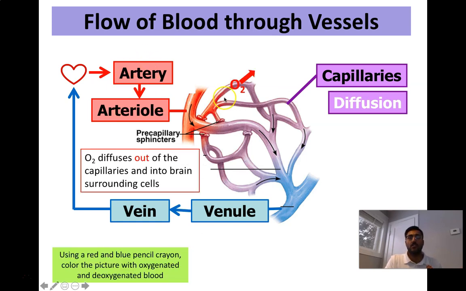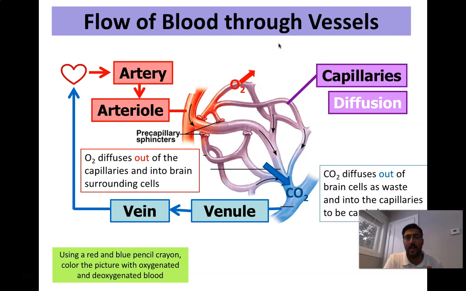So just to specify a little bit more here for you, oxygen is going to diffuse out of the capillaries and into the brain and surrounding cells, whatever organ we're looking at. Carbon dioxide is going to diffuse out of brain cells or whatever tissue or organ we're looking at, and wastes are also going to move out of those cells and into the capillaries to be taken away.